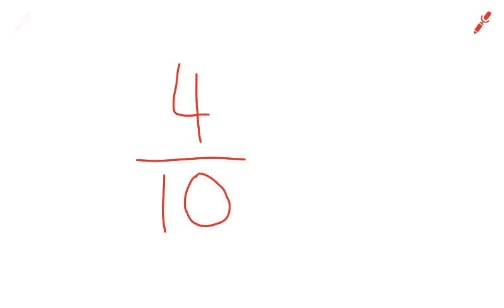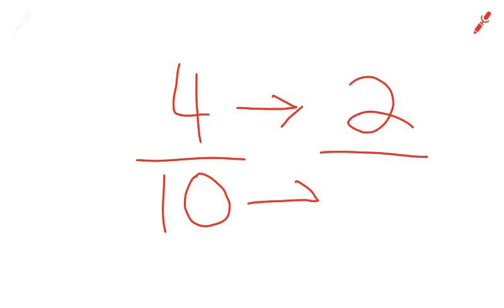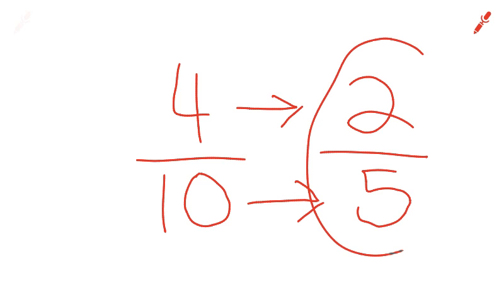And then 2D, 4 over 10. What's the highest number that goes into both 4 and 10? It will be 2. How many times does 2 go into 4? It goes in 2 times. How many times does 2 go into 10? 5 times. So our reduced fraction is 2 over 5.